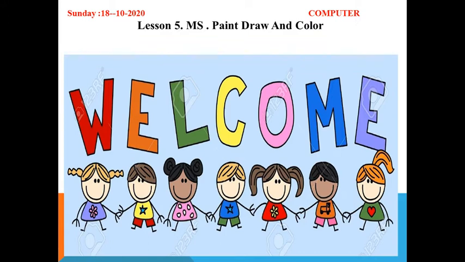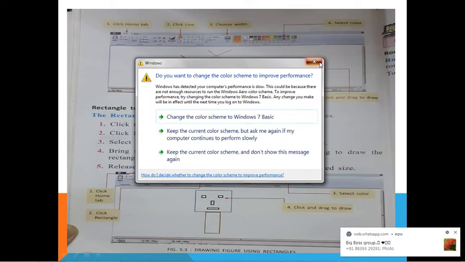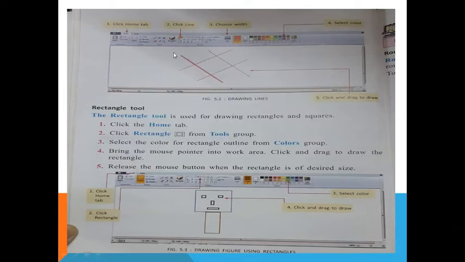Okay, so I want to continue MS Paint, drawing. You can see the ribbon here, home tab, lines tool, and this lines also here, shapes also, shapes and lines here, special lines for thickness and thinness.